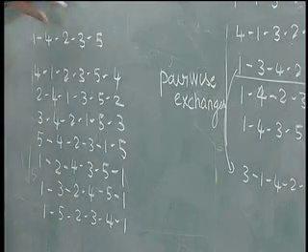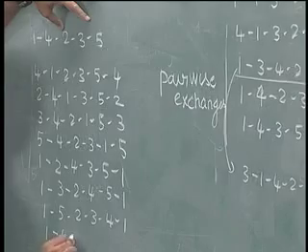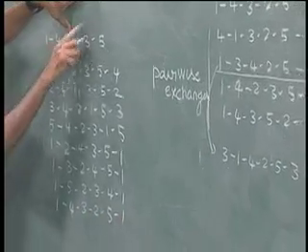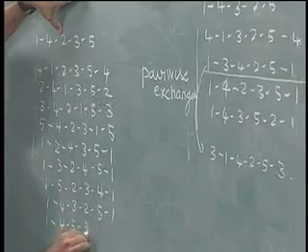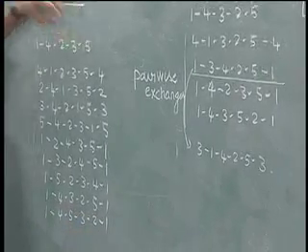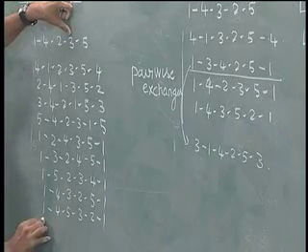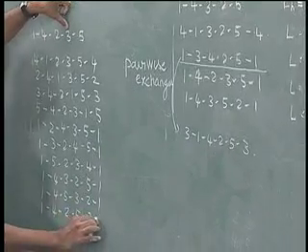Now I have exhausted this. I come to 2 and 3, so 1 4 3 2 5 1. Then I do 2 and 5, 1 4 5 3 2 1. I have exhausted this. Then I come to this, I do 1 4 2 5 3 1.